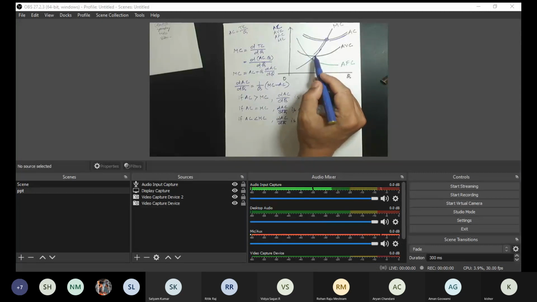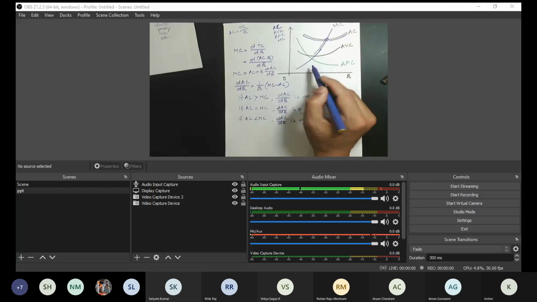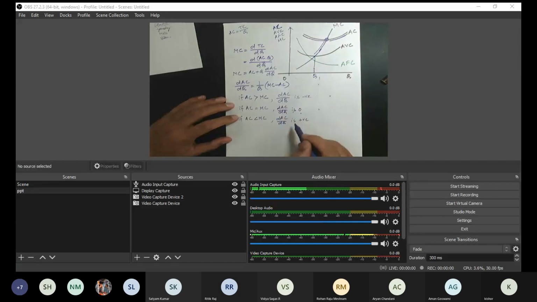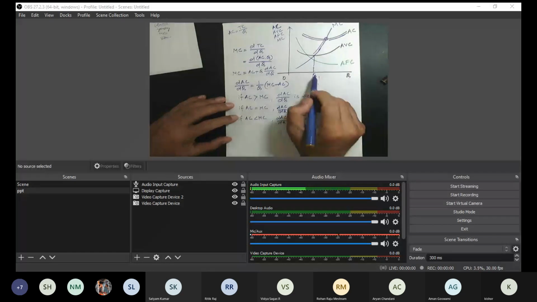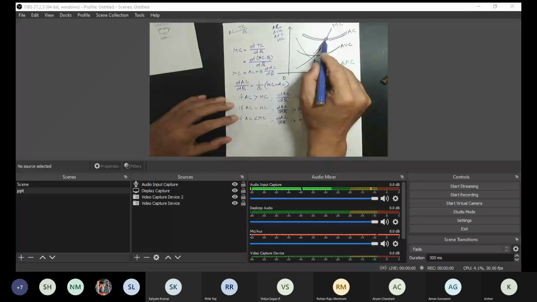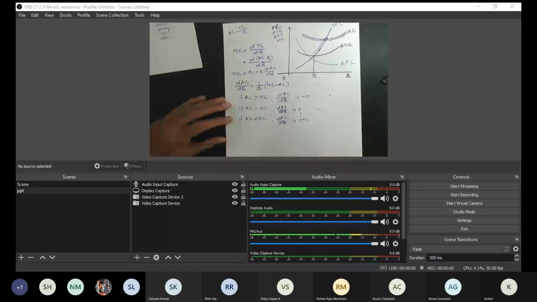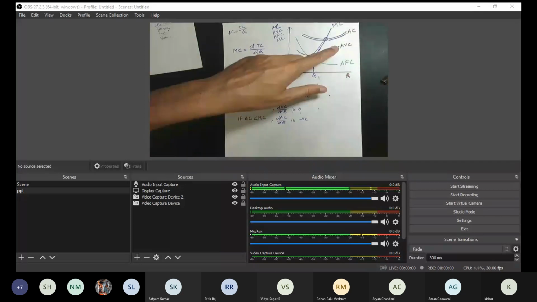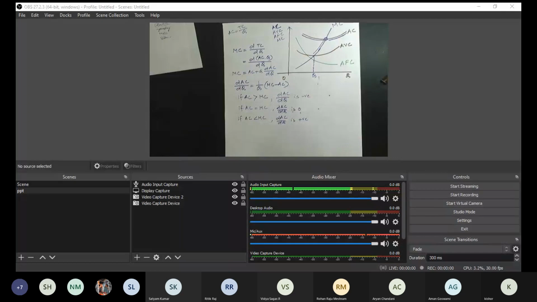The value of Q corresponding to the minimum point is known as the critical value of output. Say here, the critical value of output with respect to ABC is, suppose, Q1. This is the level of output where ABC is minimum, or here Q2, suppose, where AC is minimum. This is called the critical value of output Q, where ABC or AC is minimum, where MC is cutting your AC curve.